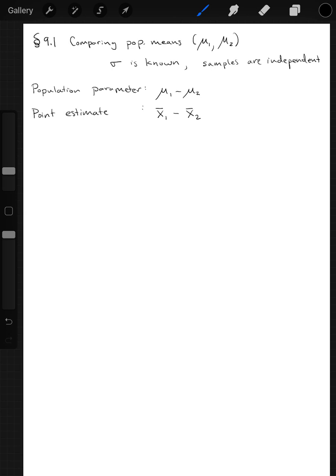So here we have two different populations, population 1 and population 2, and we're looking at a sample from each of them. We want to figure out the difference in means of the populations, and we're going to do that by considering the difference of means of the samples.